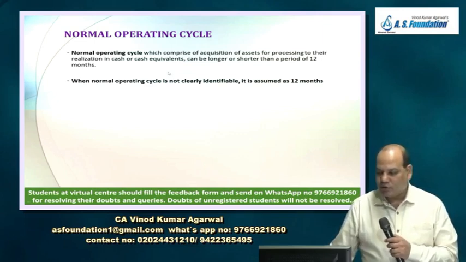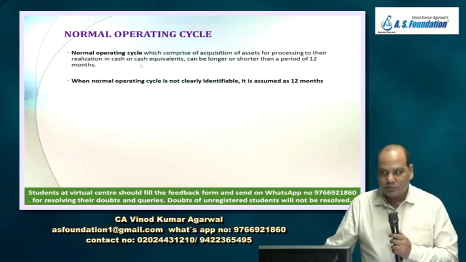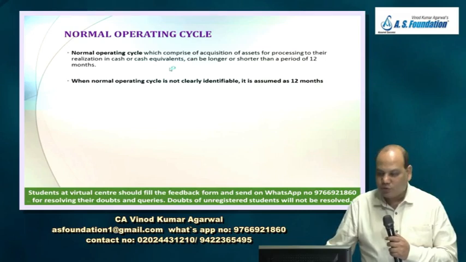This is taught in financial management subject also. Is it right? Which comprises acquisition of asset for processing to the realization in cash or cash equivalent, okay, can be longer or shorter than a period of 12 months. In some industry it is more than 12 months.